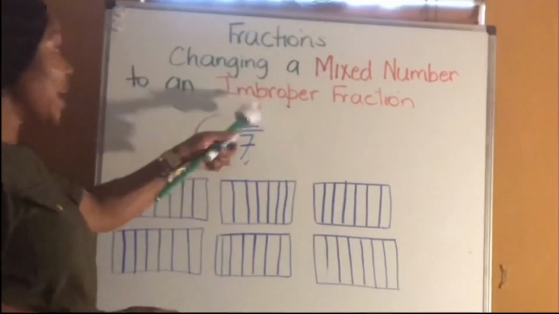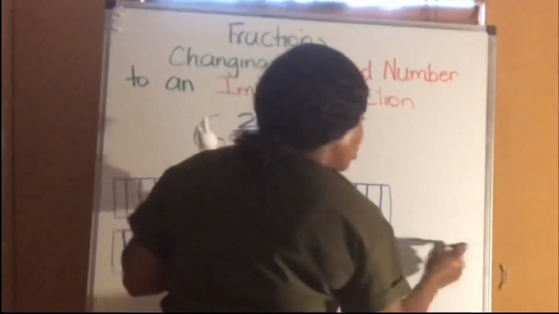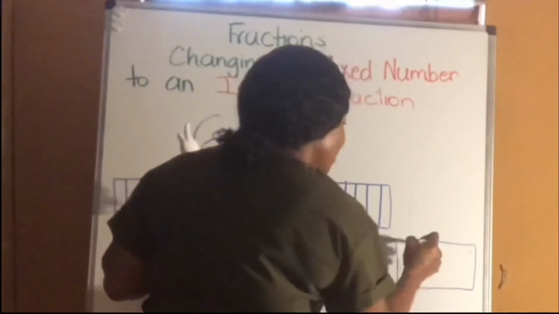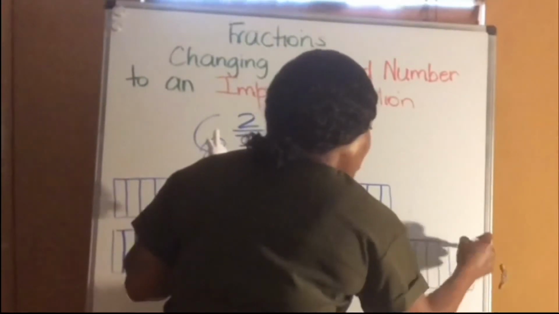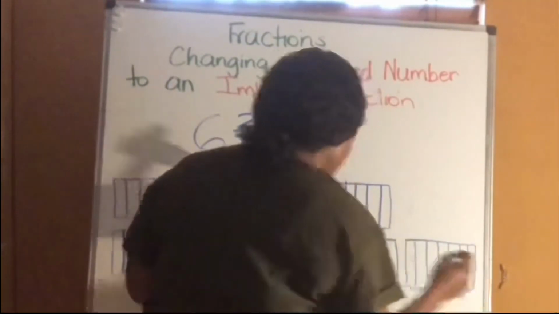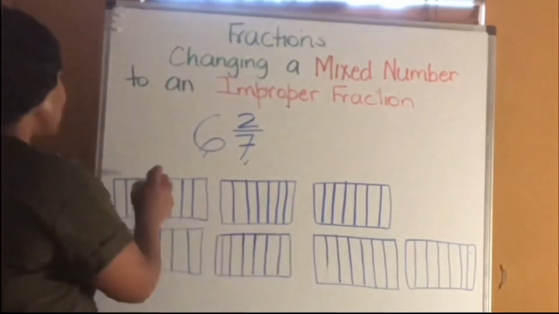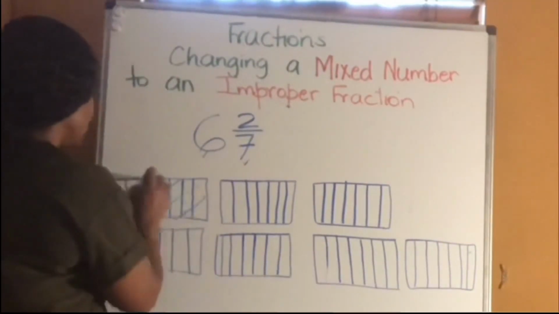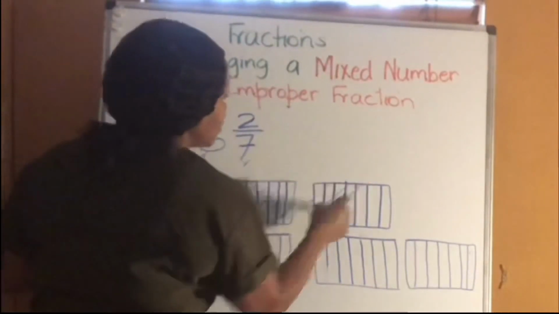But remember, we have this 2/7. So we have to draw an extra one to represent our 2/7. So let's go. 2, 3, 4, 5, 6, 7. Now we need to shade all the wholes. So we're shading all the wholes, 6 of them.